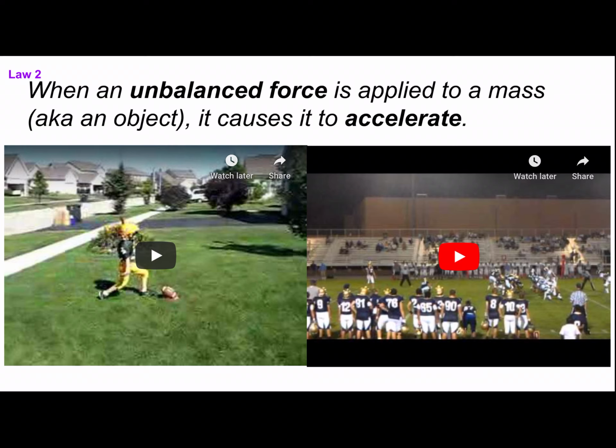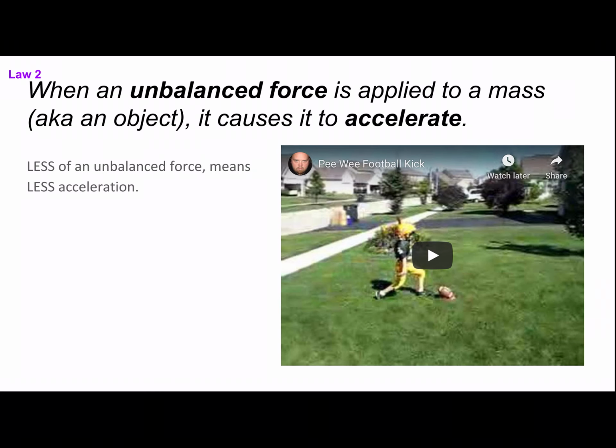But we had two different forces, two unbalanced forces, which resulted in acceleration. The force for the mini packer was a much lesser force, therefore causing a much lesser acceleration.